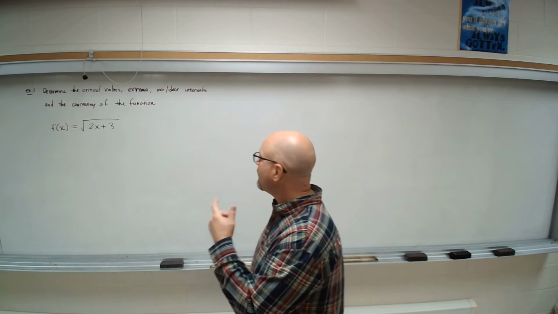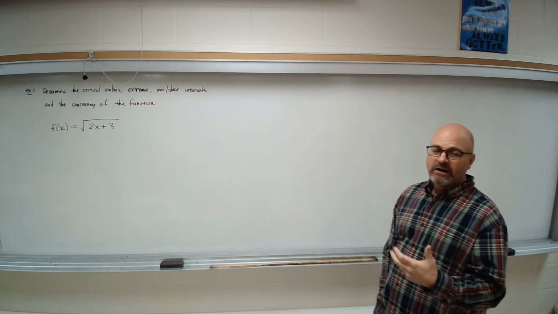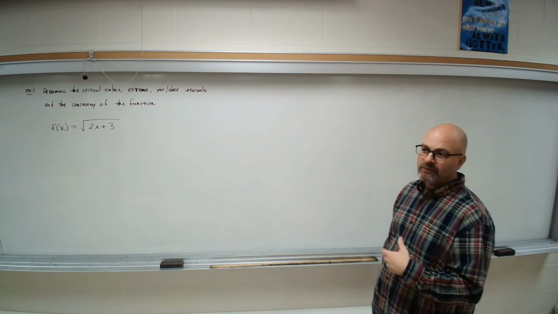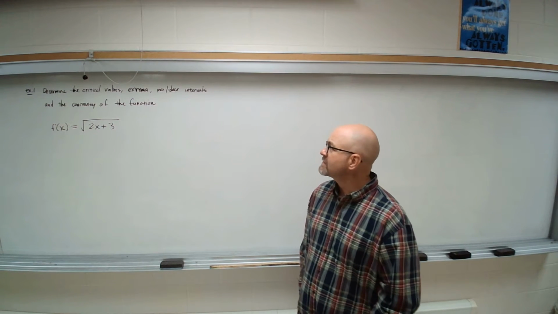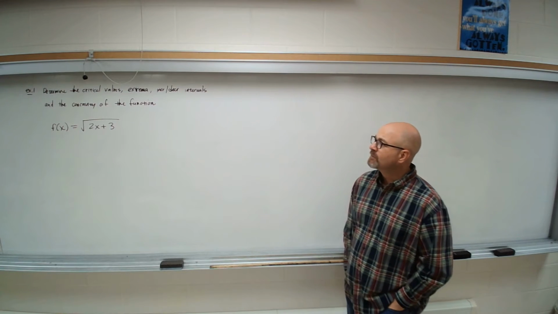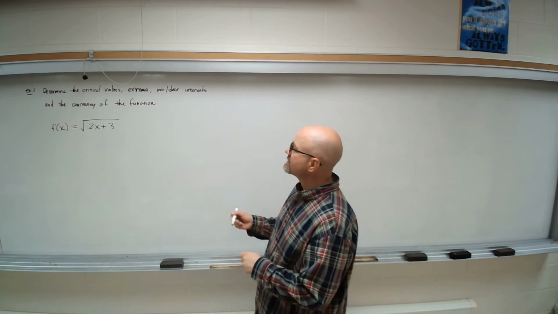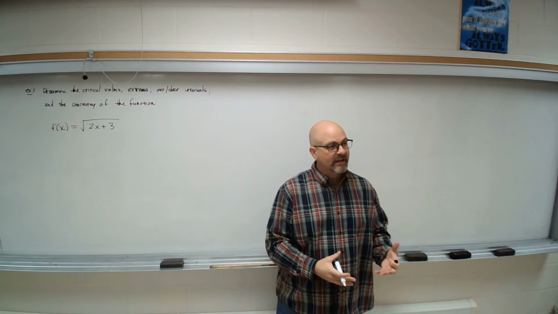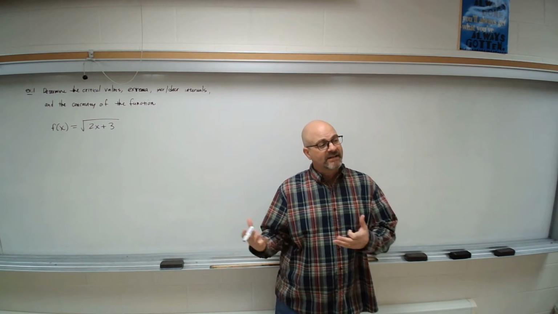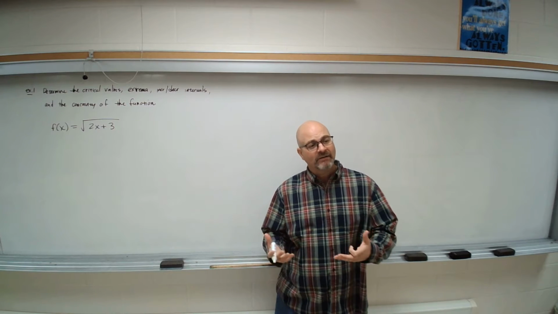All right, so for example here, we're going to look at a function that's not a polynomial. We just wrapped up a trig function. So determine the critical values, extrema, increasing and decreasing intervals, and the concavity of the function. So we're going to need to look at the first and second derivative. But before that, since we do have a radical here, we have a domain issue.